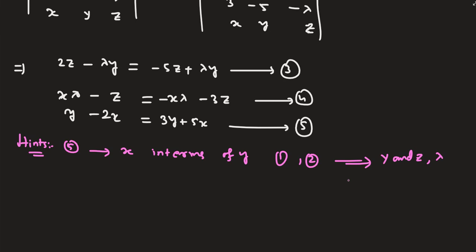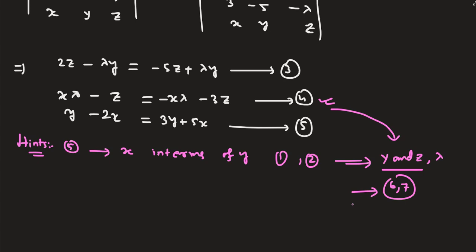Now my next target is doing the simplifications. Now I am finding out z from here, and whatever the equation I am getting here, I put these values of z here. So I am again getting two equations, 6 and 7, which contain y, z and lambda. In 6 and 7 I put the value of z.